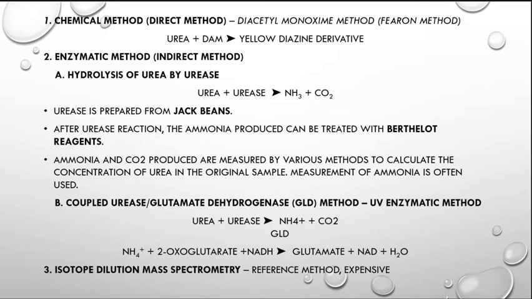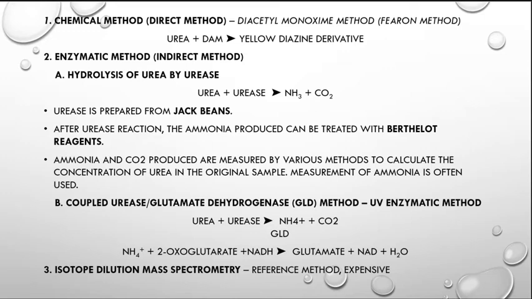When combined, we will get a yellow diazine derivative. Take note, chemical method, so it is non-specific. And then we also have your enzymatic method, your indirect method. This is routinely used in the laboratory.